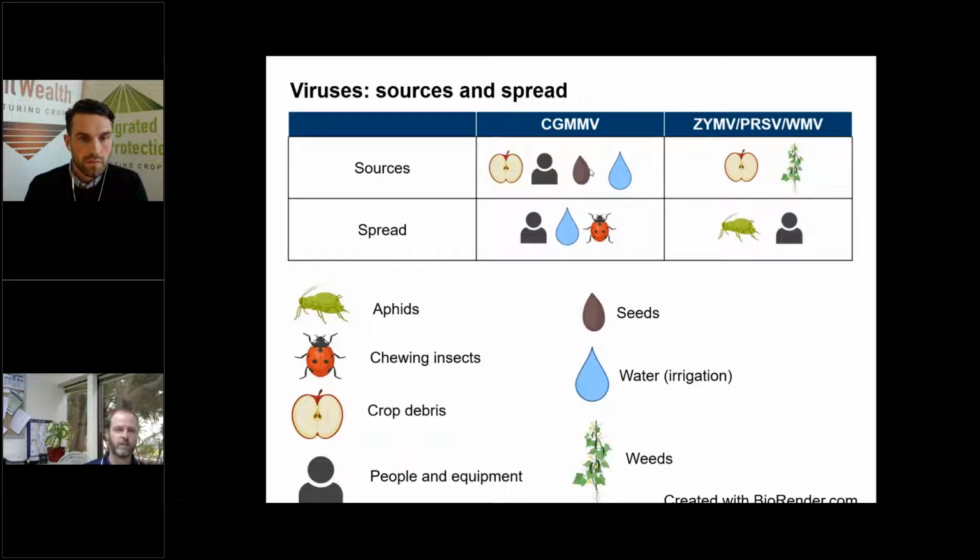Seed, particularly as a primary source of introduction to CGMMV, is pretty important. Both of them can survive in crop debris. Weeds, these guys are probably a little bit more at risk for, but we'll go through how these guys are spreading and where they're coming from, and give you a couple of ideas of management for them as well.